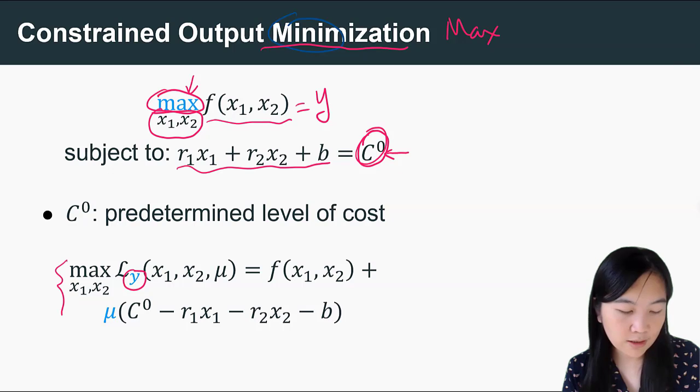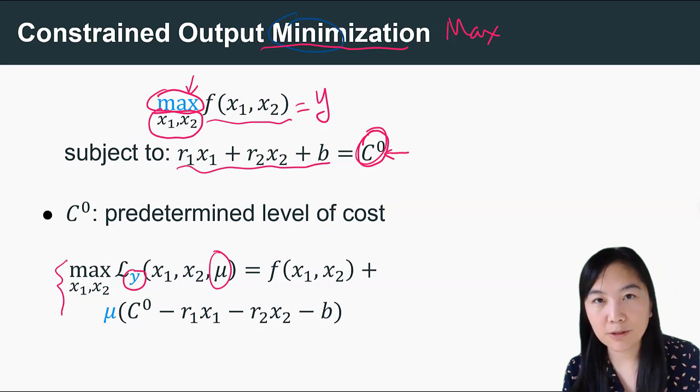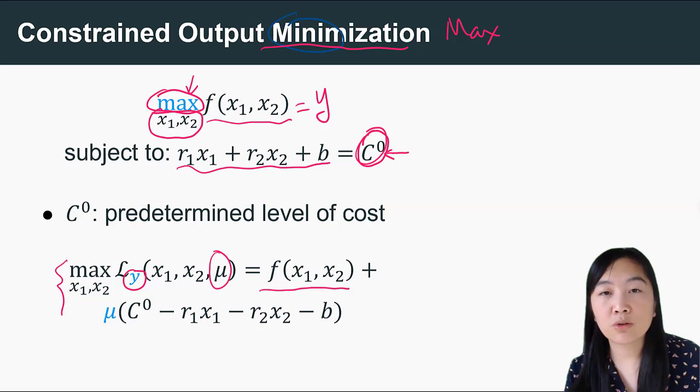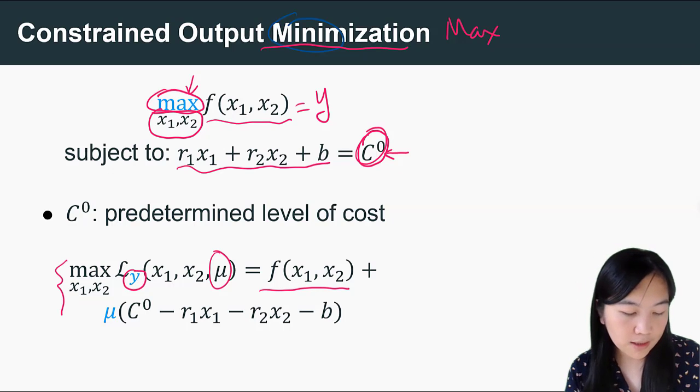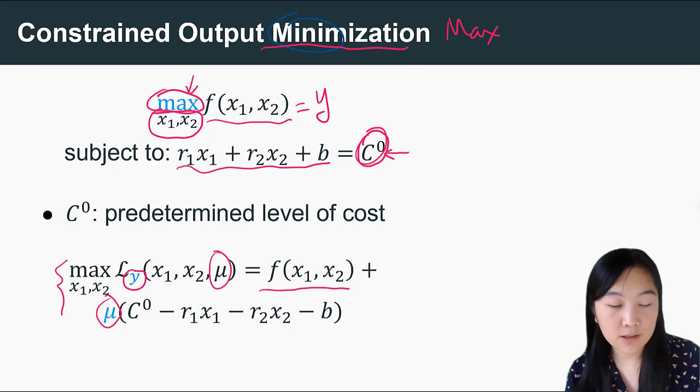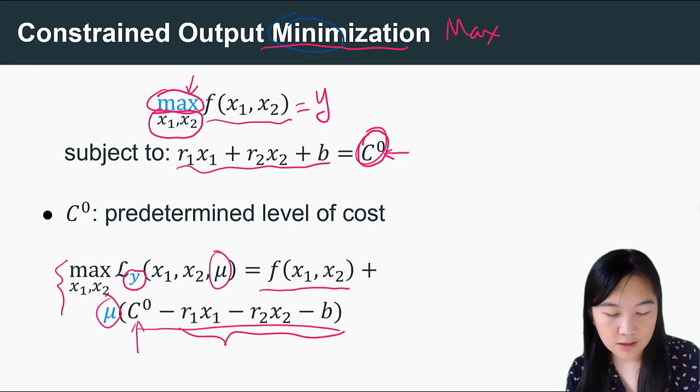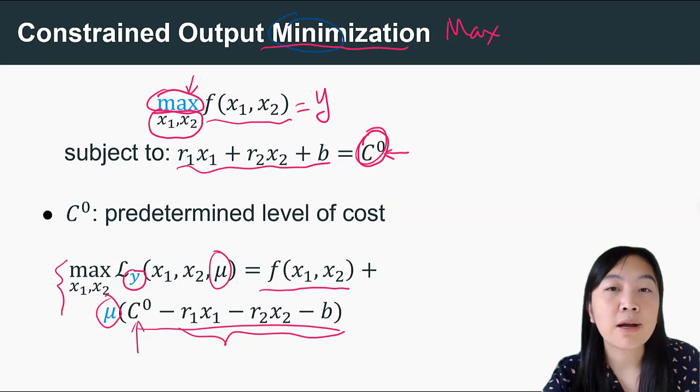So this is the Lagrangian for the output maximization problem. And I used a different Lagrange multiplier. Before I used lambda, now it's mu. Again, this Lagrangian function is just your objective function plus the Lagrange multiplier times your constraint. So you always put the constant level here, and then minus this function of x1 and x2. So this is your Lagrangian function.